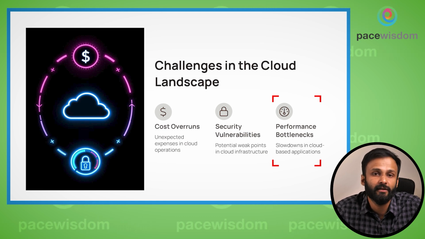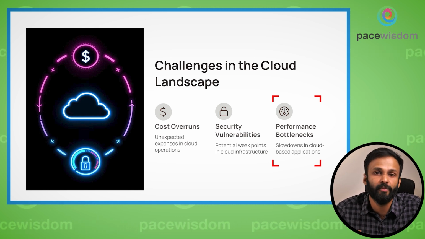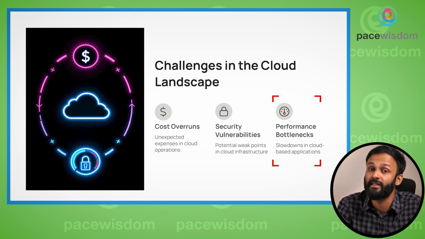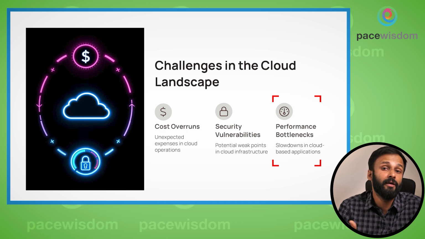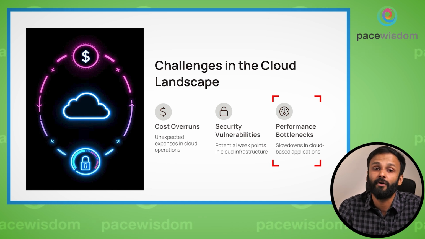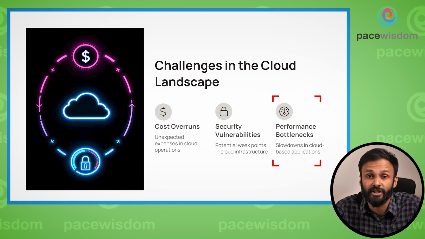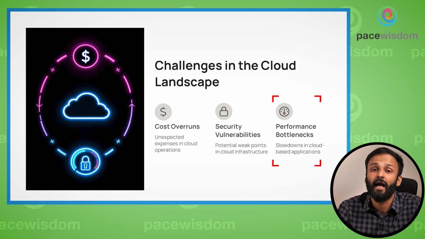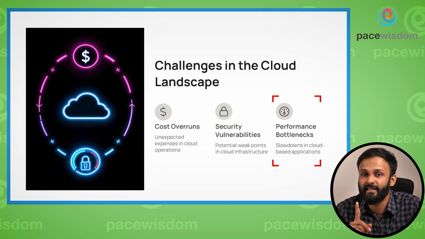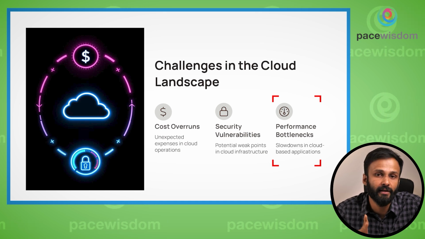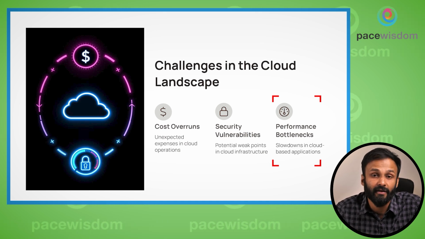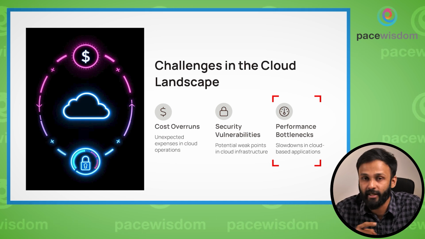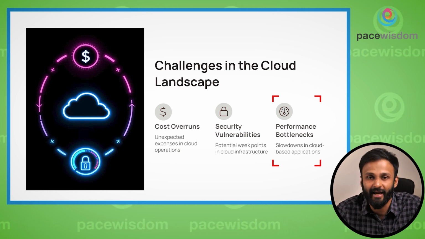Even with the scalability of the cloud, slowdowns in cloud-based applications are super common. It's another very critical challenge many organizations face. From slow response times to sudden outright outages, it can severely impact user experience and business continuity. These three challenges, cost, security, and performance bottlenecks, are interconnected. Poor architecture can lead to higher cost, increased security risk, and performance problems. As simple as that.